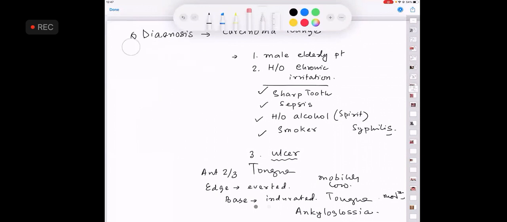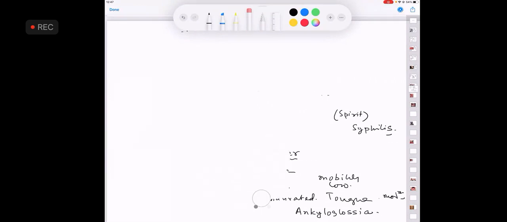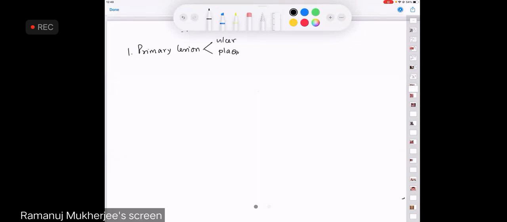Now, the next question is, what are the clinical presentations of a tongue cancer? So the main presentations of a tongue cancer include the primary lesion. As I have said, either it is in form of an ulcer, as you can see in the picture, or a plaque. Number 2, local invasion.